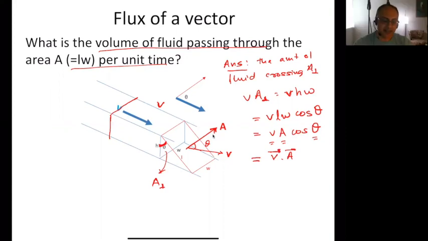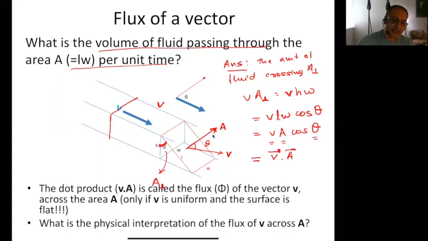That makes sense? This quantity is called the flux phi of the vector V over the area A, right? So when you calculate the dot product of a vector with an area, what you get is the flux of that vector over that area. The flux can physically mean different things in different contexts.